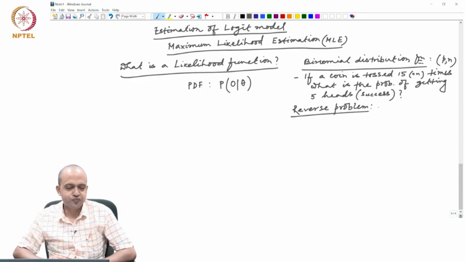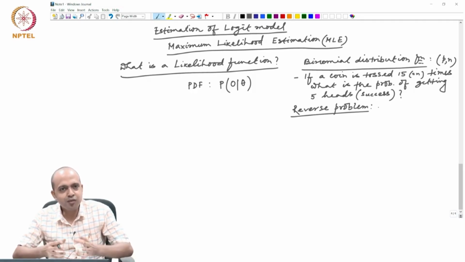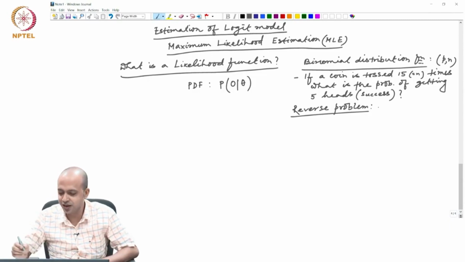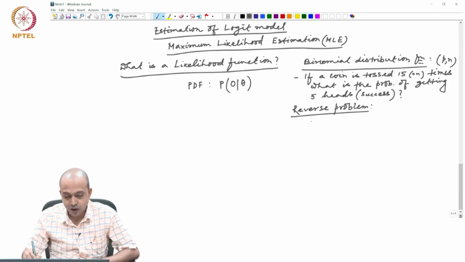Reverse of this, that means I know in my sample how many trials I have made, let us say 15. That means let us say I am asking 15 individuals, so my sample size n is 15. So, the reverse problem is n is known, that means sample size is known.